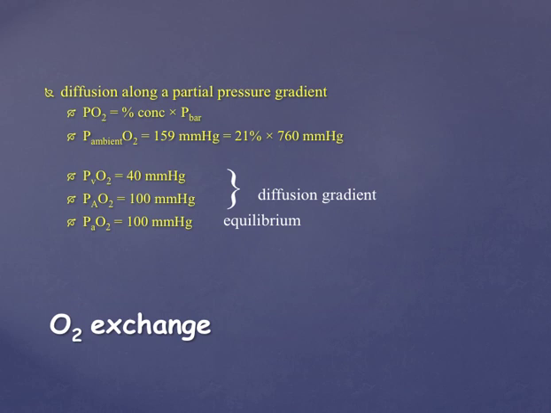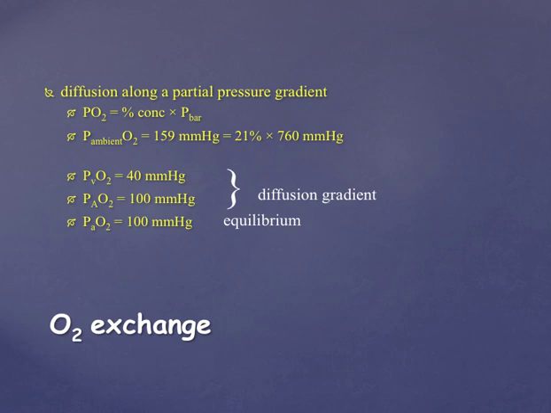We remove some of the air and bring some fresh air in. So we have a mixture of fresh air, where the partial pressure is 159, and old air, where the partial pressure is lower. So why is the partial pressure lower specifically? 1, as we breathe air in, we add water vapor to it.